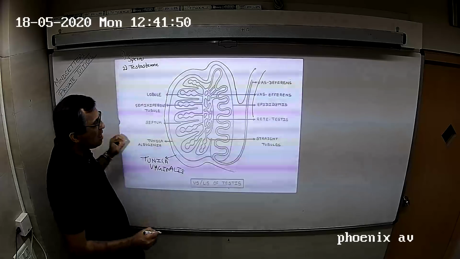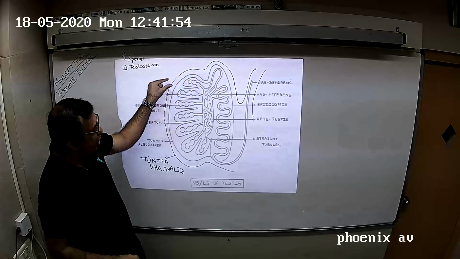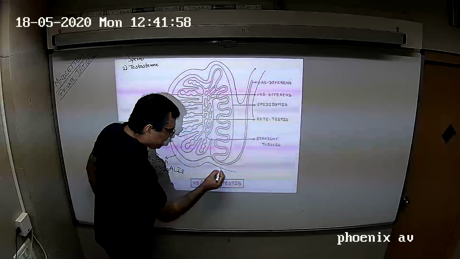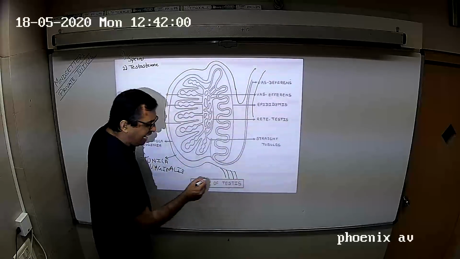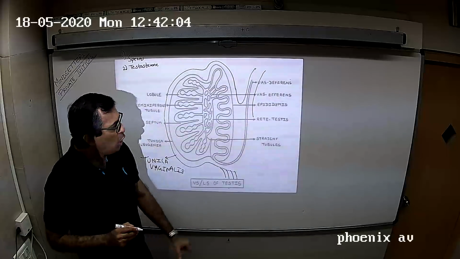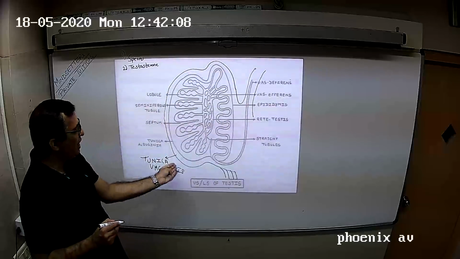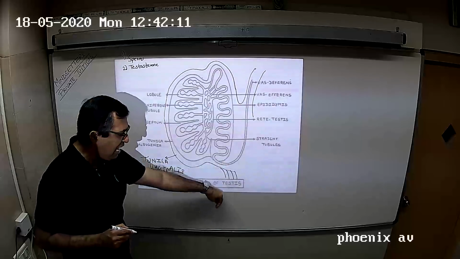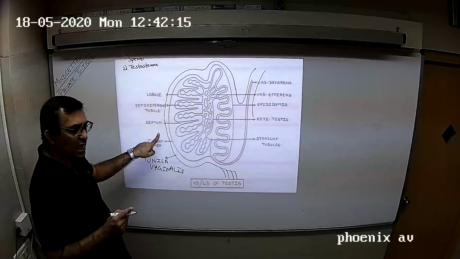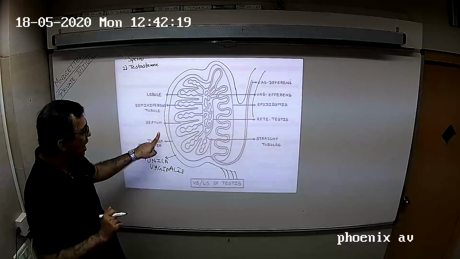It is the continuation of the spermatic cord supporting the testis. And tunica vaginalis lower down forms threads which are called gubernaculum. So here we have spermatic cord, then tunica vaginalis, and then gubernaculum. Tunica vaginalis is for mechanical support of the testis.